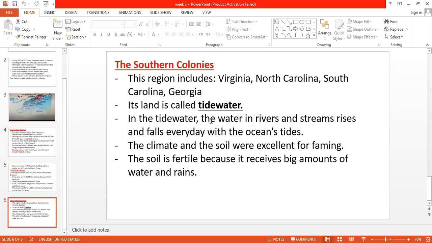If the type of the land is tidewater, it means that the water in rivers and streams, meaning short rivers, rises and falls every day with the ocean tide. That's why, guys, the climate and the soil were excellent for farming. So the soil is fertile because it receives big amounts of water and rain.